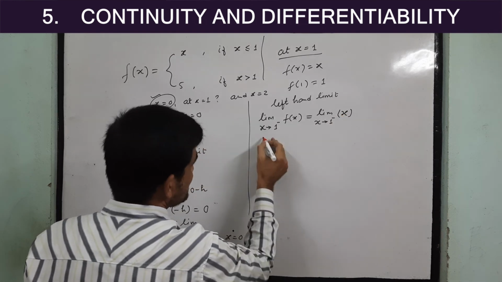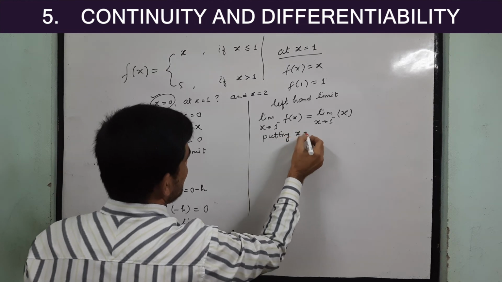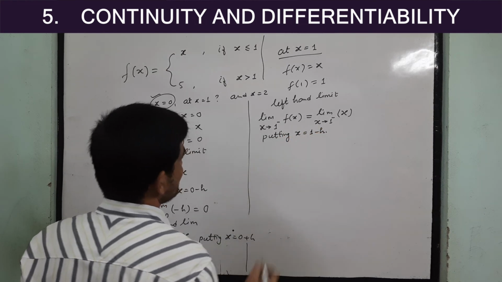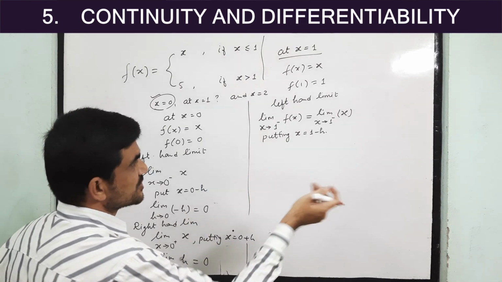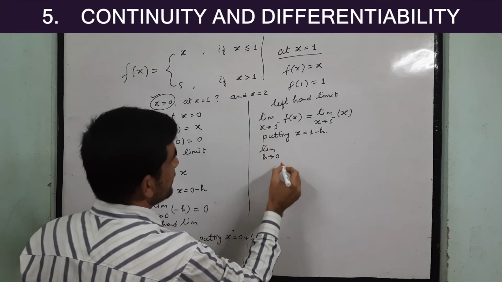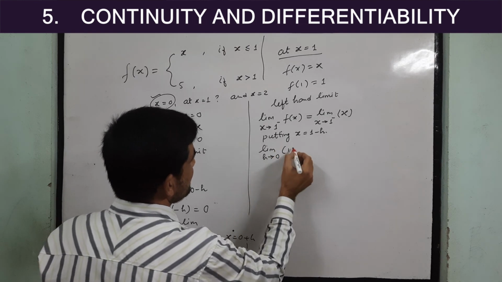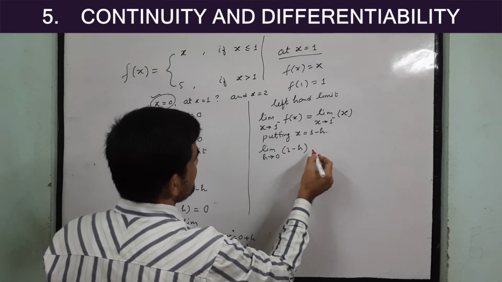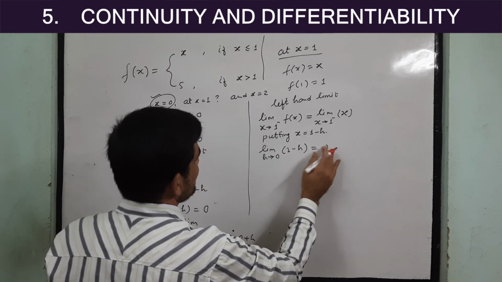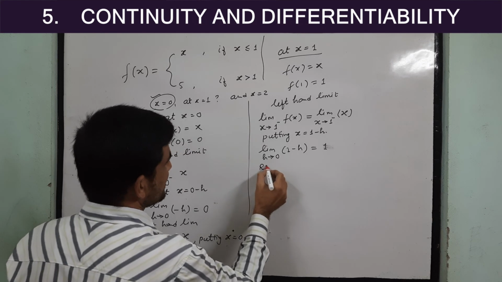So on solving this, we shall put x equal to 1 minus h, where h is a very small quantity approaching 0. So limit h tends to 0 of 1 minus h. When you put h equal to 0, we will get 1 only. Clear? And the right hand limit.